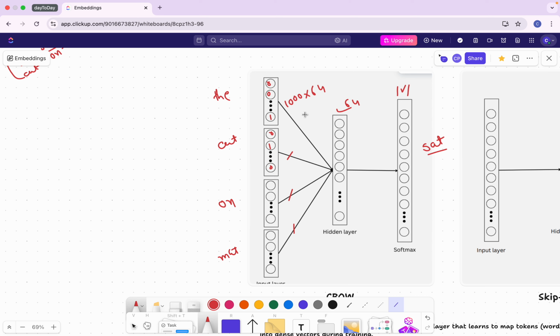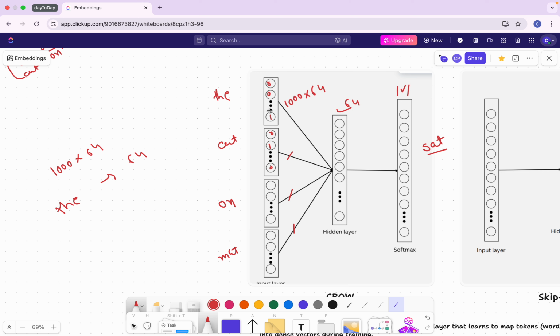So after training, we will get this matrix, 1000 cross 64. Let's suppose I am selecting this as of now. Only take this part. So if I provide the one hot encoding of "the", then I will receive a 64 dimension vector, this one.